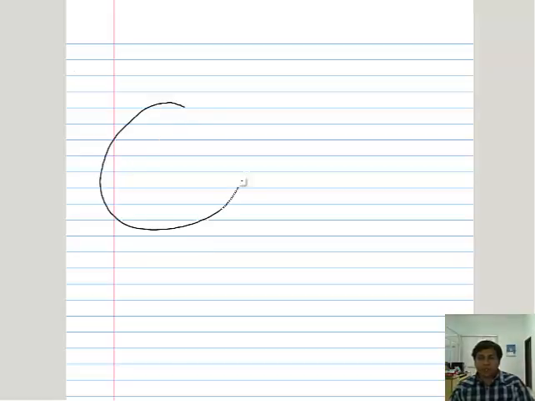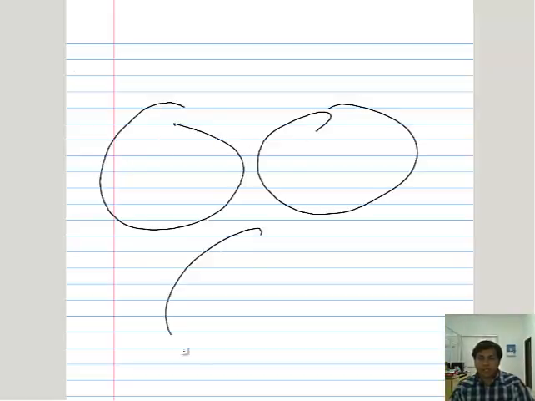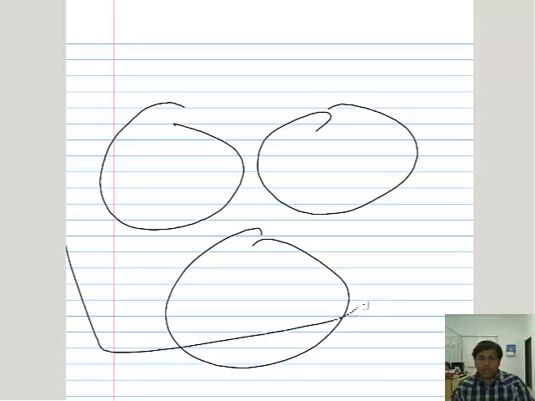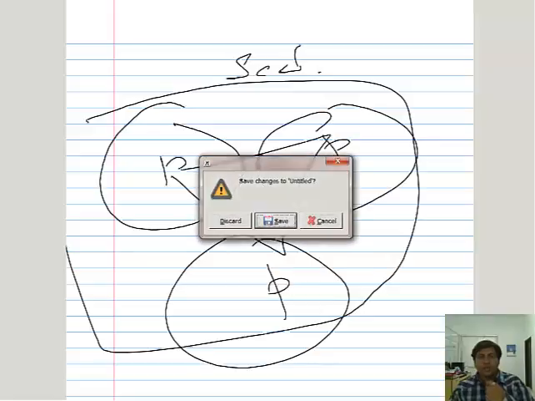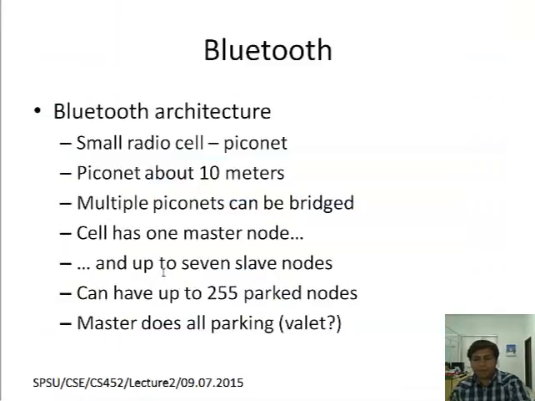So for example, this is a piconet, this is a piconet, this is a piconet. When these different piconets are connected with each other, this becomes a scatternet. We'll show it to you later.